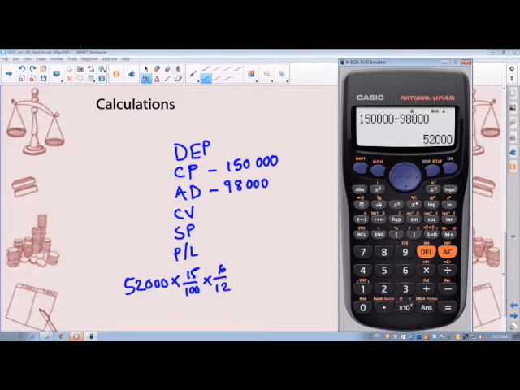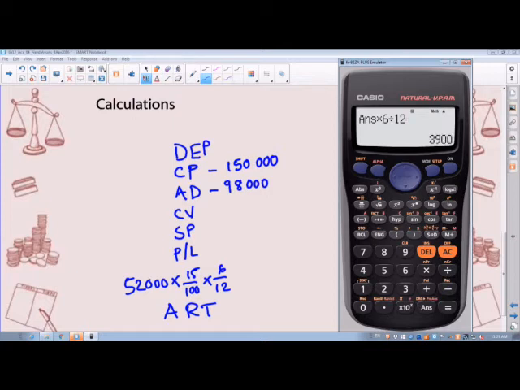Yes, remember we spoke about ART. What do we mean by ART? The amount, the rate, and the time. So 52,000 times our 15% times 6 divided by 12 will give me a figure of 3,900.